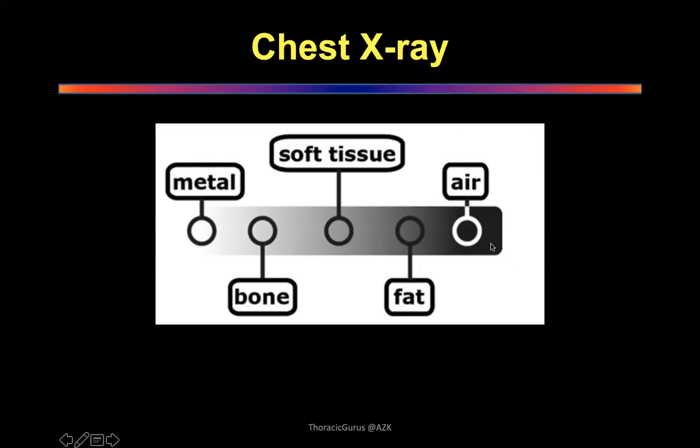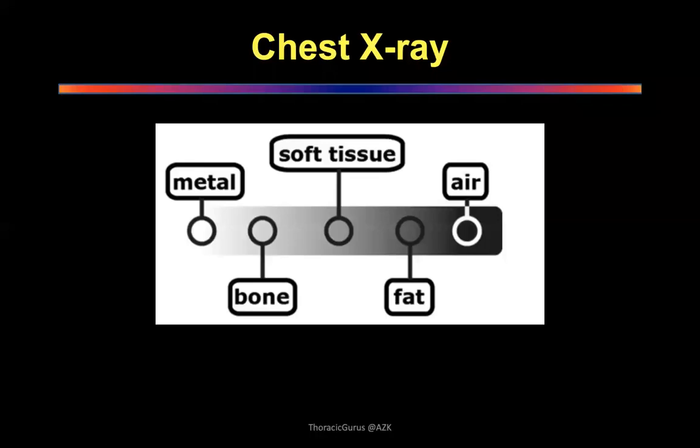So here is the picture of black to white, okay? Black to white. And chest X-ray lies in this domain, okay? All structures within the body are actually represented from black to white. The important thing to remember is that air is black.